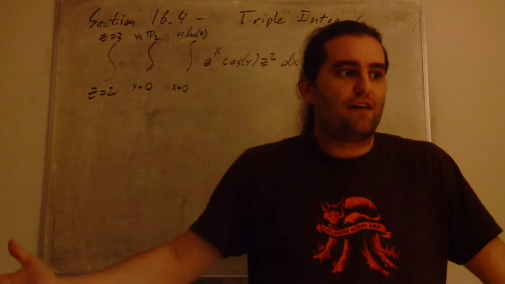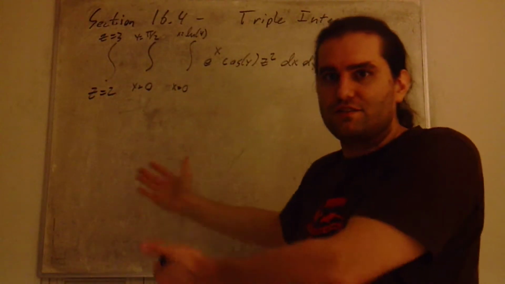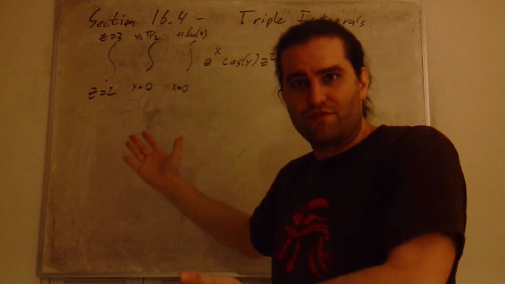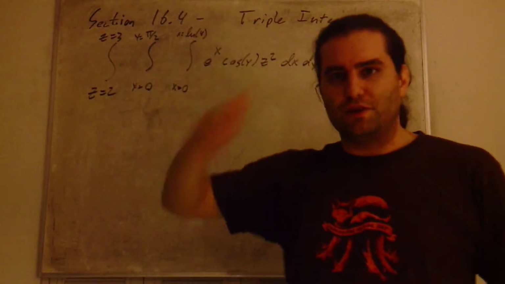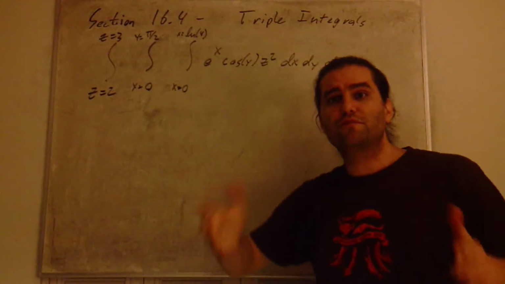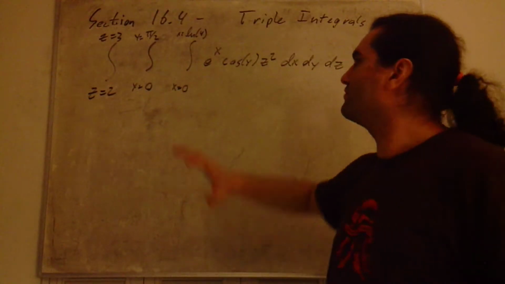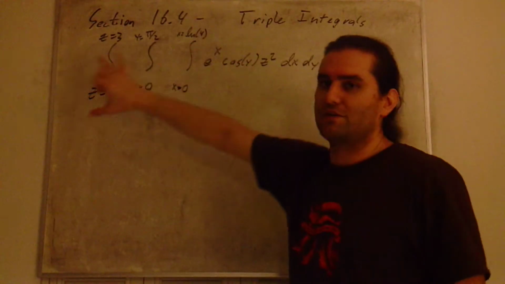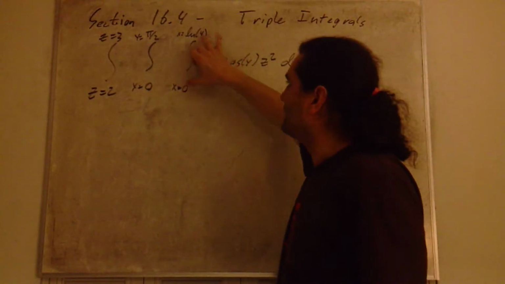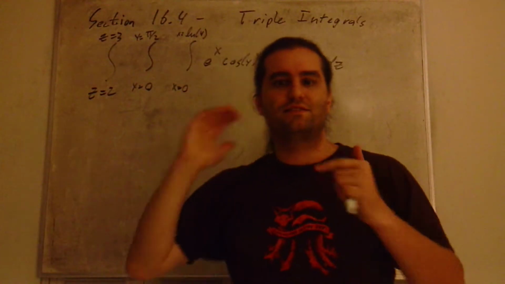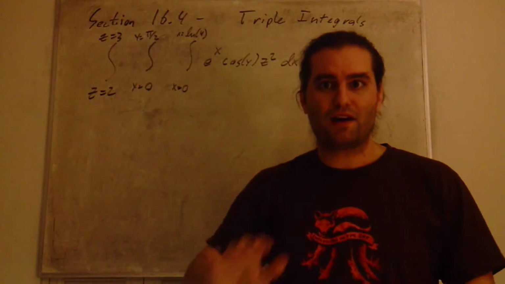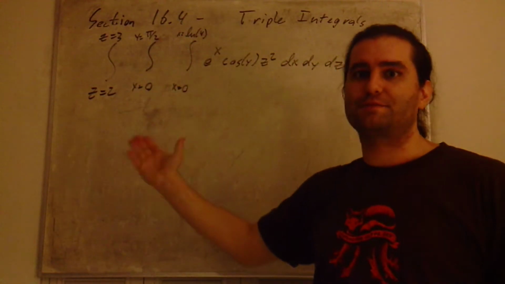If you don't have a box, they shouldn't be constants. Just use functions for some of them. Get the curvy shapes or the slanty bits. The curvy bits and slanty bits always come from using functions as bounds in the inner or middle integrals. If it's all constants, you have a box. If you don't want a box, you can't use all constants.